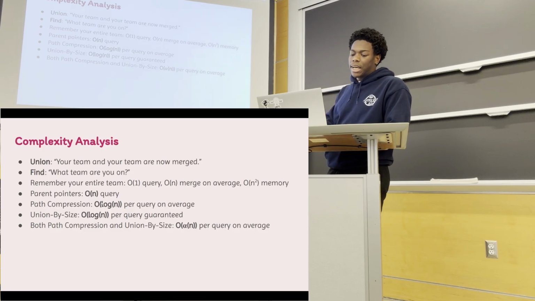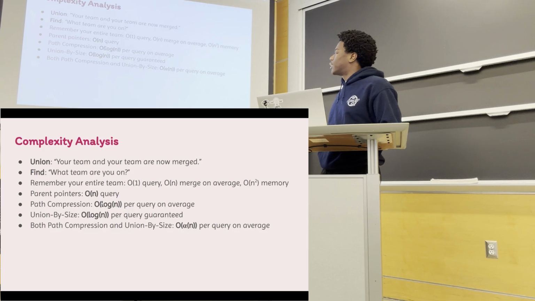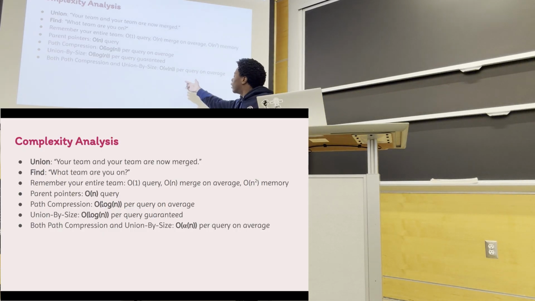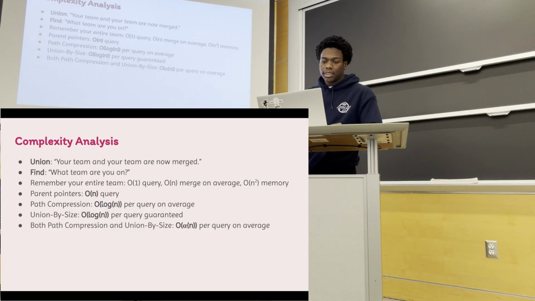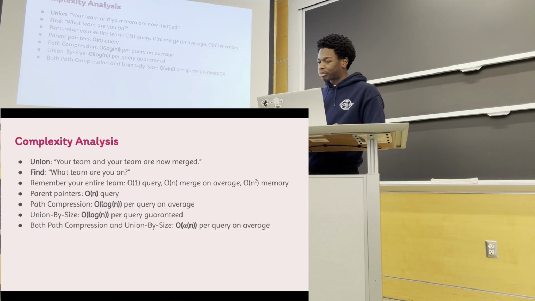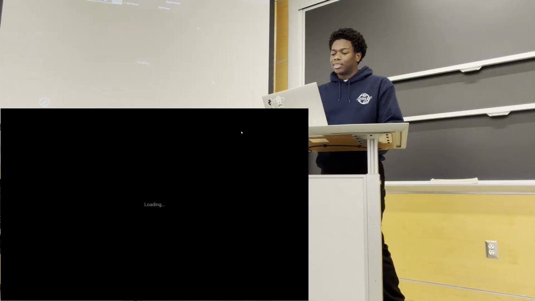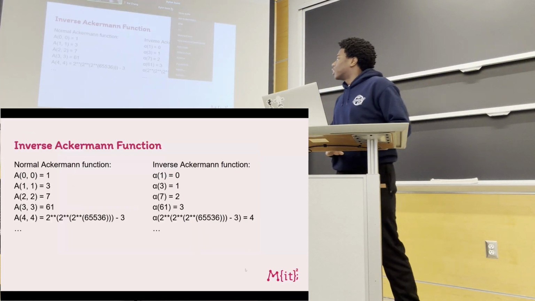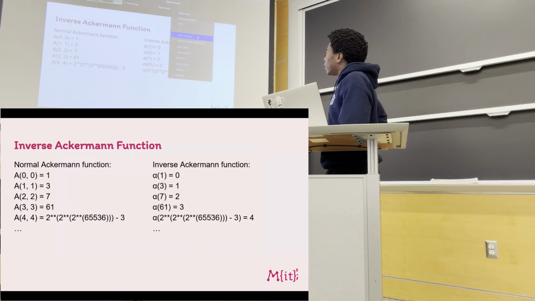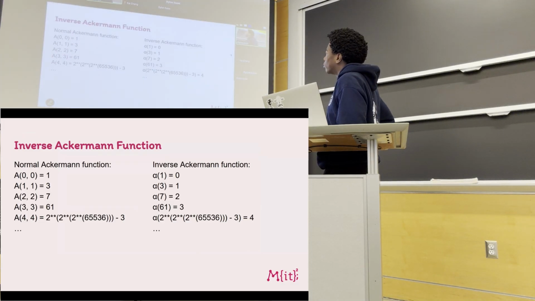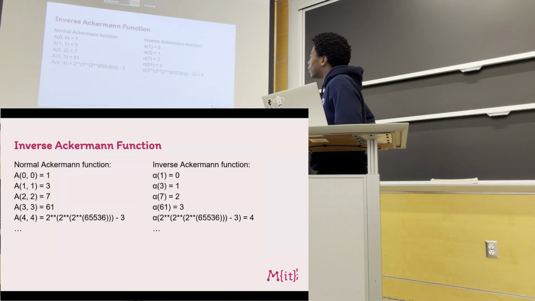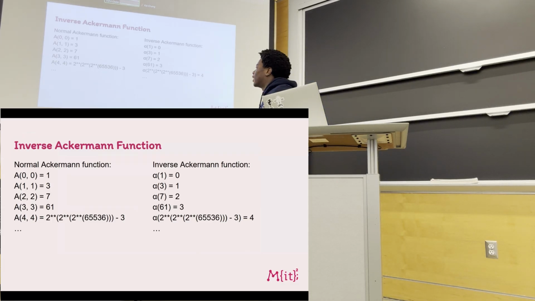But it actually turns out that if we combine these two ideas, we get this O of alpha n. And this alpha is actually called the inverse Ackermann function. And as you can see, I think the screen is frozen. So we're back. Like I was explaining, inverse Ackermann grows extremely slowly.